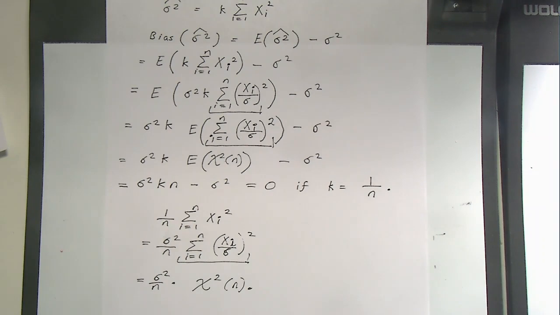So question 7 also uses the chi-square distribution, which we talked about a while ago.